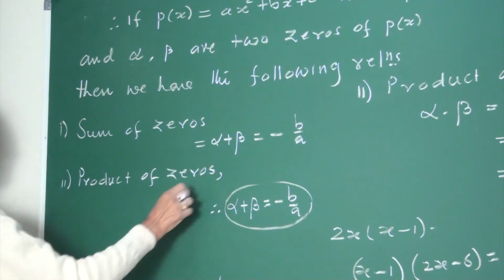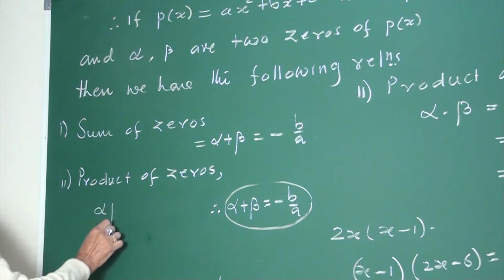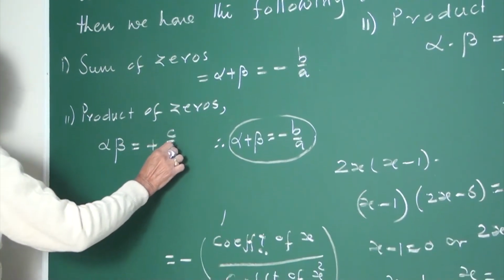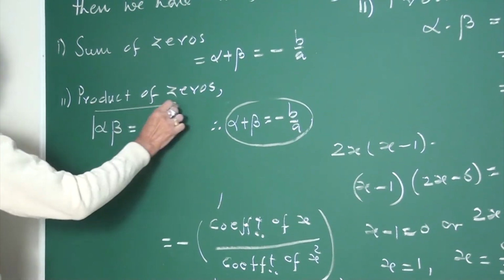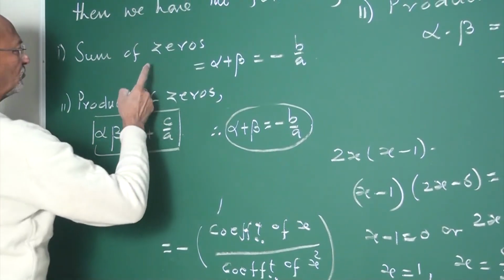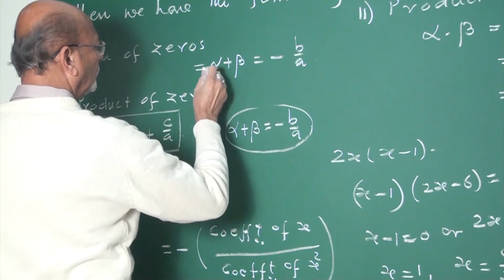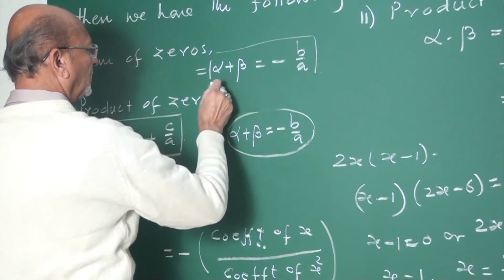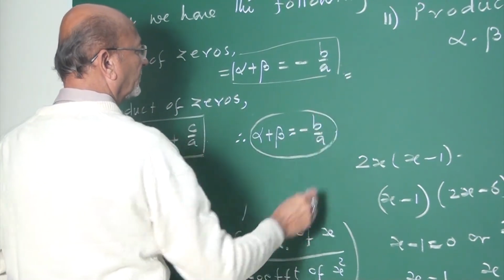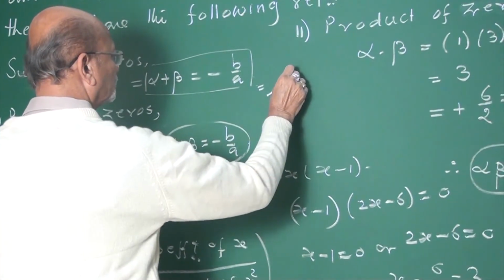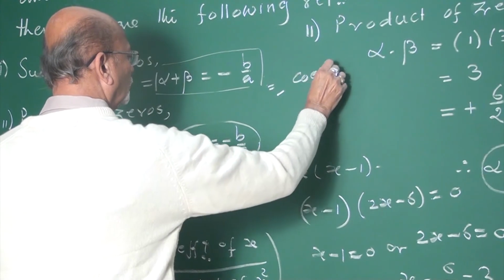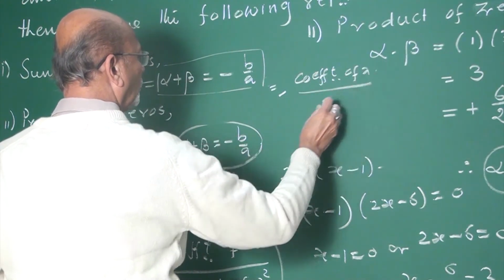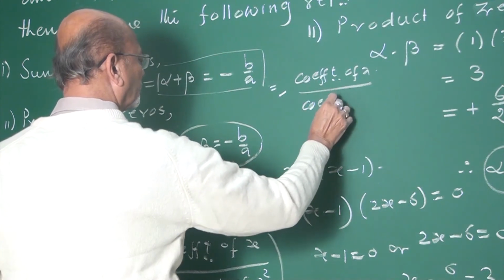What is it, my friend? Alpha into beta equal to plus c by a. This is in case of quadratic. Alpha plus beta is minus b by a, that is minus coefficient of x upon coefficient of x square.